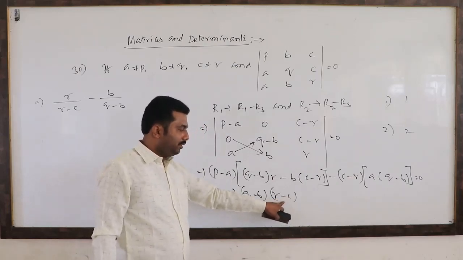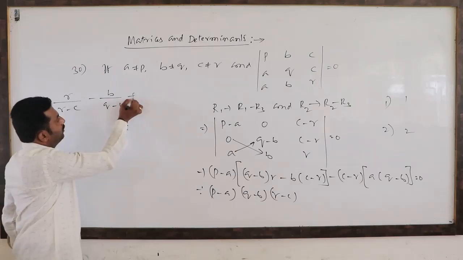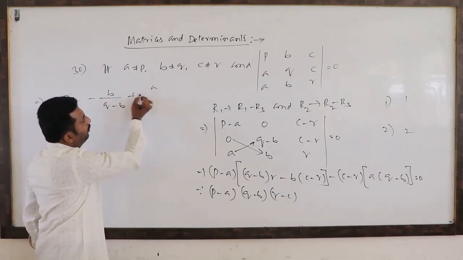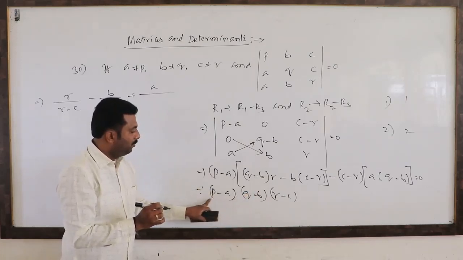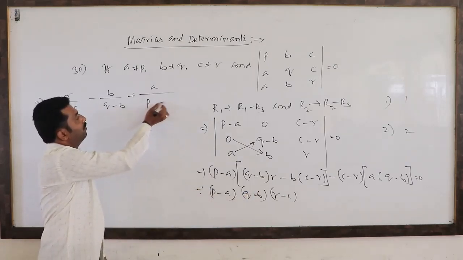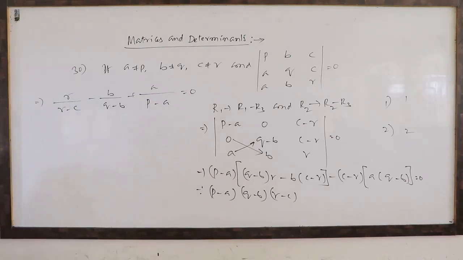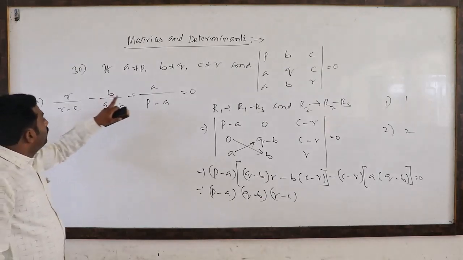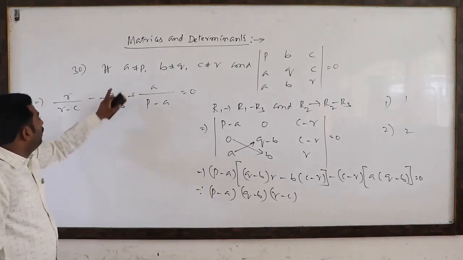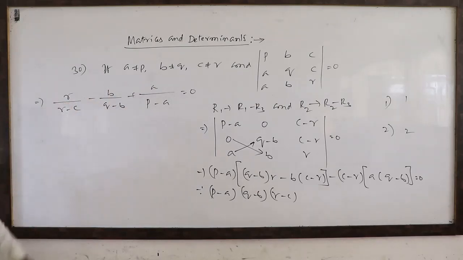R minus C, so this becomes plus. Then A divided by, then what will we get? Q minus B, P minus A will come, equal to 0. So finally R by R minus C, minus B by Q minus B, plus A by P minus A, and this is minus C by R minus C we have to write.